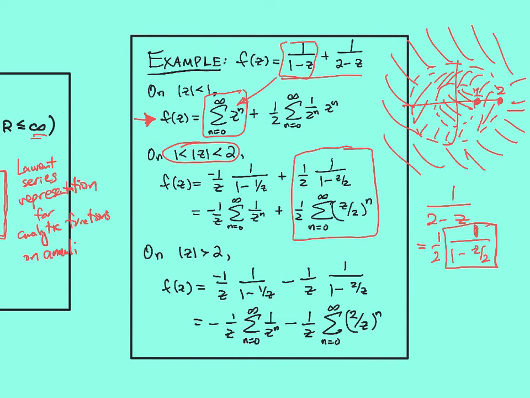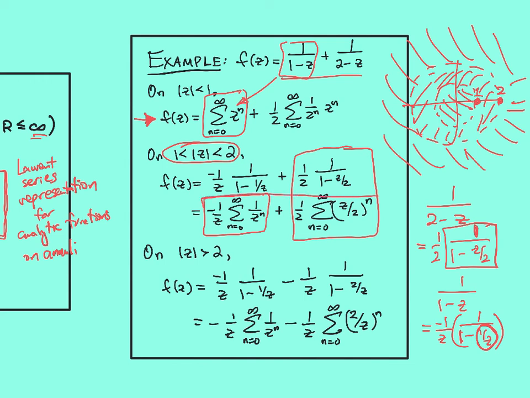And so what we do is we take 1 over 1 minus z, and we pull out a negative 1 over z, and we write it as 1 over 1 minus 1 over z. And now the point is this is less than 1 in modulus when z is bigger than 1 in modulus. So you can use a geometric series, but now it involves 1 over z. And so we get this here.